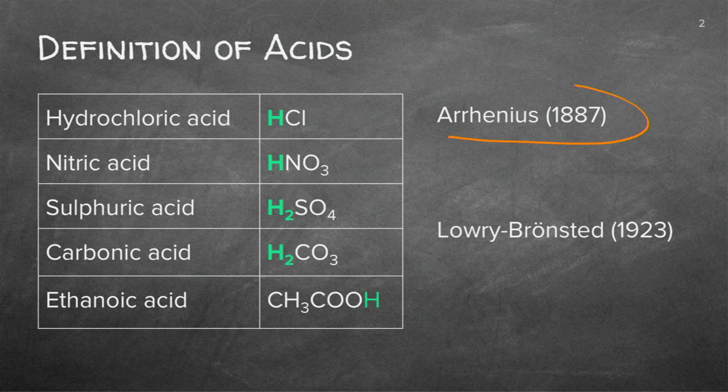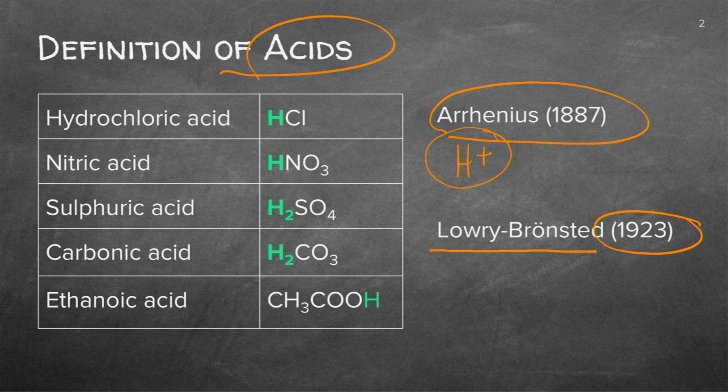Remember, Arrhenius started and said all the acids will have a H plus, a hydrogen that they will donate. And he said that will be the definition until they got to water and they saw that's not the case. So then Lowry and Bronsted years later refined the definition to say all the acids will be proton donors.